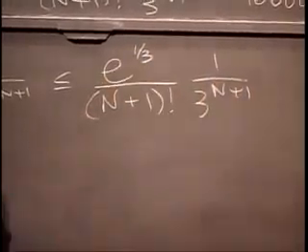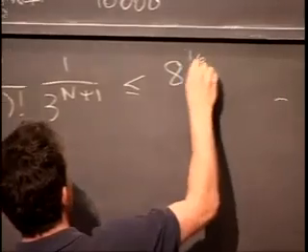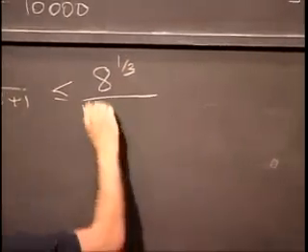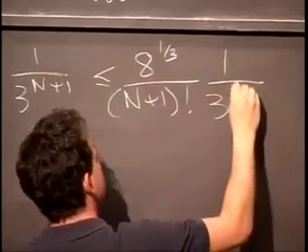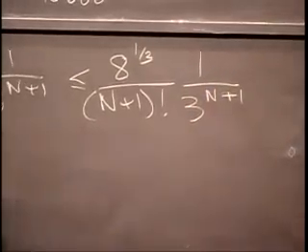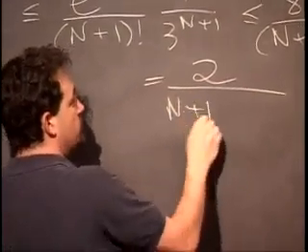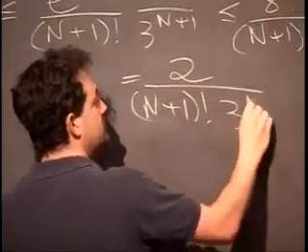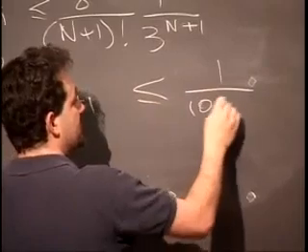And again, I'll do my trick of saying that this is less than or equal to e to the 1/3, which is less than 2, because we can play around as long as we don't make things smaller. We can make things bigger, which of course gives 2 over (n plus 1) factorial times 3 to the n plus 1. And the main advantage is I've gotten rid of the c. So I want this to be less than 1 over 10,000 again.